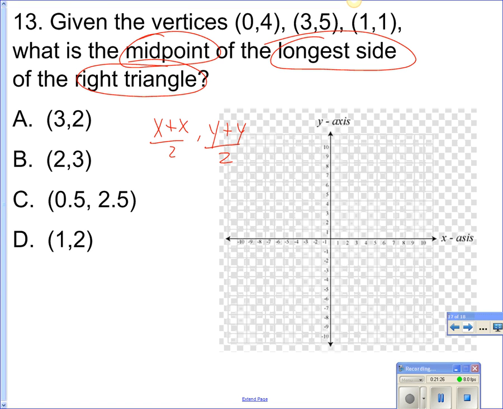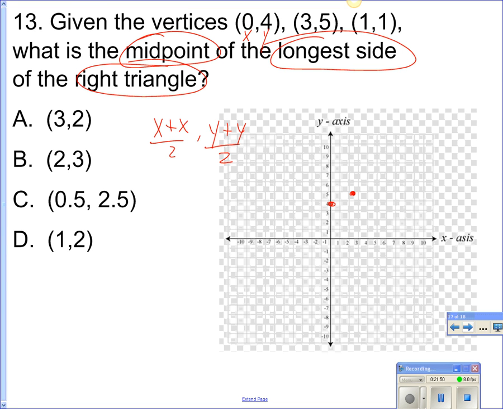Stephen A., how do I do 0, 4? Very good. You go up 4 because it's on the Y. It's got to be on the Y. Jack, what about 3, 5? You go over 3 and you go 5.